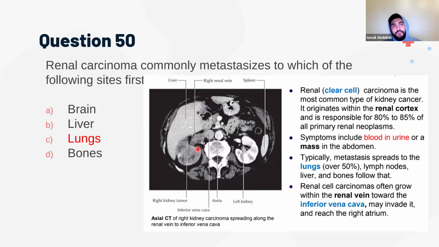Other symptoms they're going to have are hematuria, for example, or a mass in the abdomen. And as it metastasizes, over 50% of the time you'll find it in the lungs.